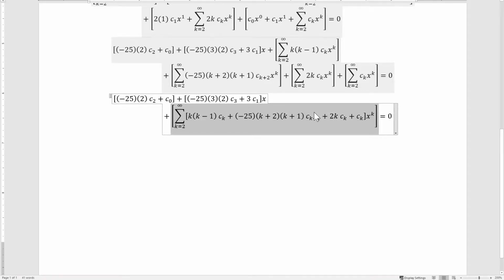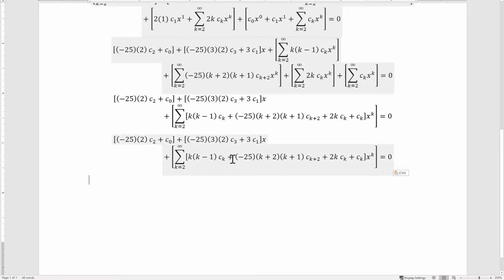So we have constants and we have this series, and let's just take a look at this series. There's a c sub k, there's a c sub k and a c sub k, and then there's c sub k plus 2. So we can find a recurring relationship between c sub k and c sub k plus 2.